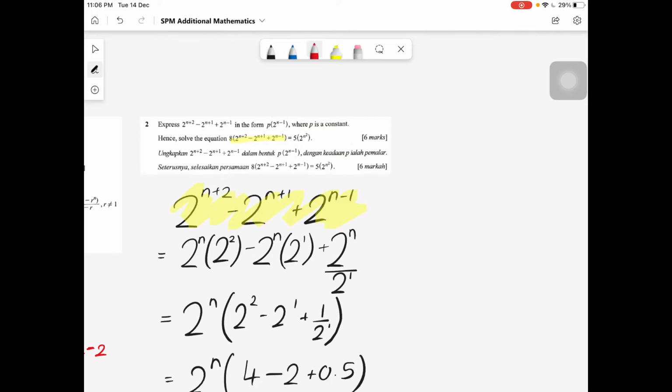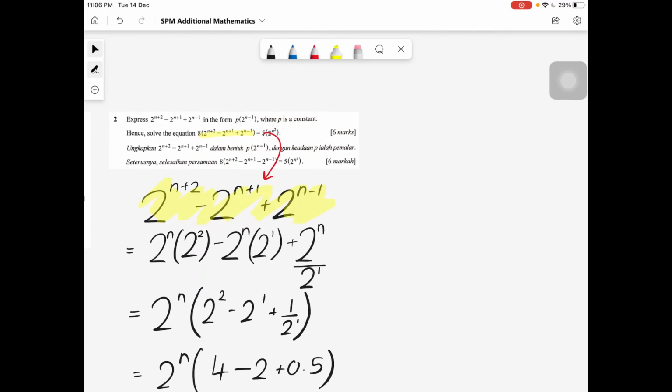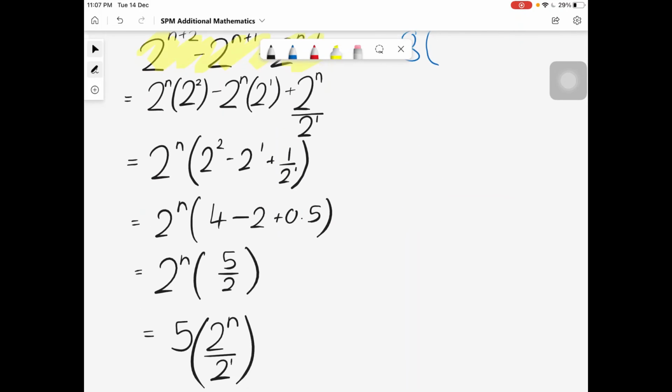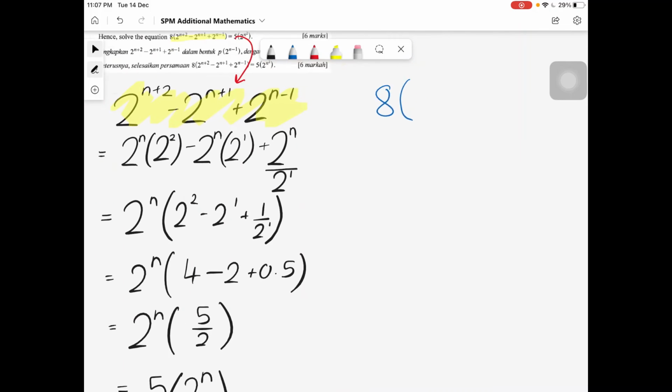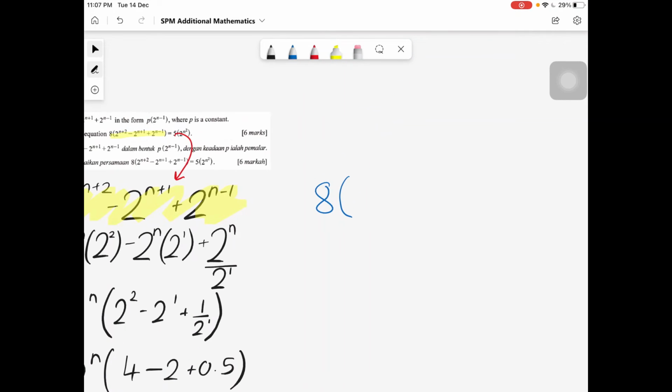And this long equation, coincidentally, is the same as this equation. So if that is the case, can I say that 8 multiplied by this value that we have obtained here, 5 multiplied by 2 power n minus 1? Yes, we can.